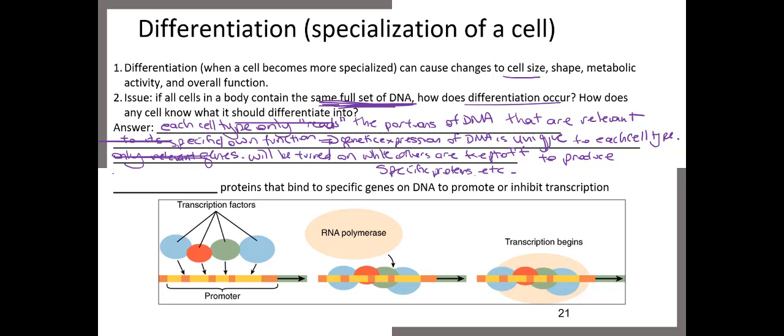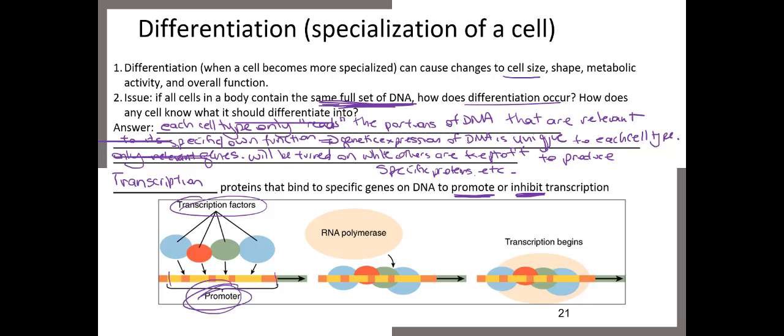So the things that govern the on and off of these genes are called transcription factors, proteins that either promote, turn transcription on, or inhibit, turn transcription off. So for example, these are transcription factors that bind to this specific portion of the DNA or this specific gene to actually turn it on.